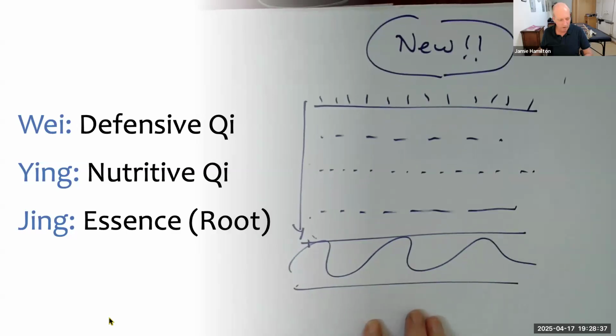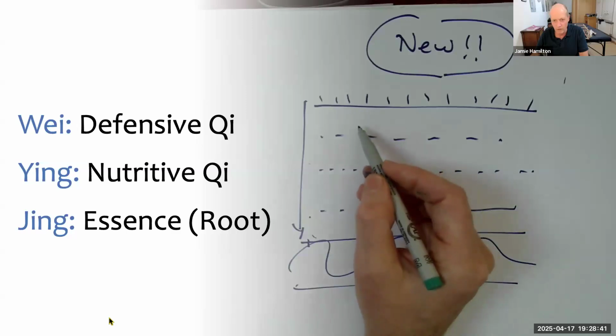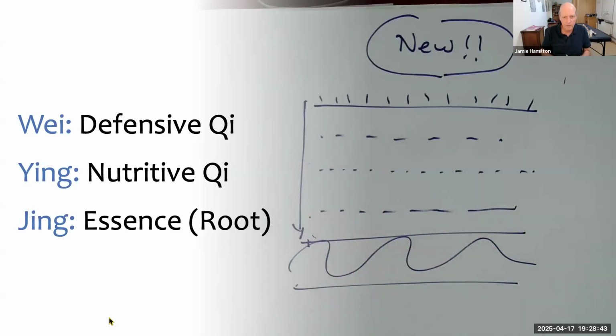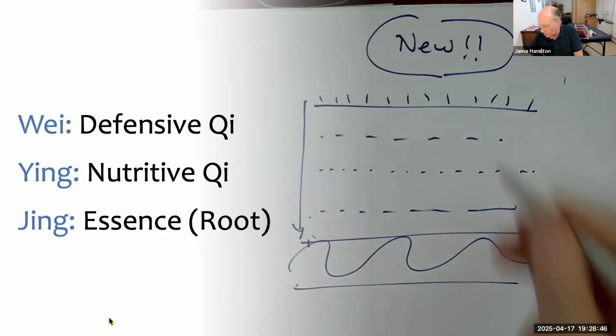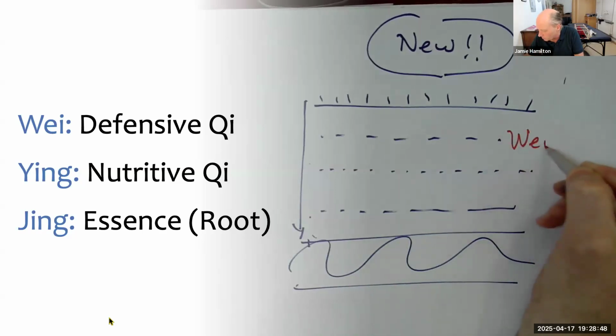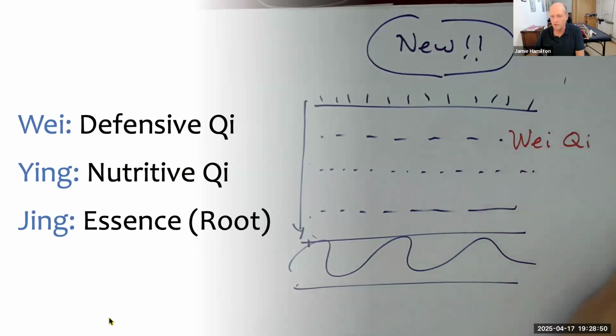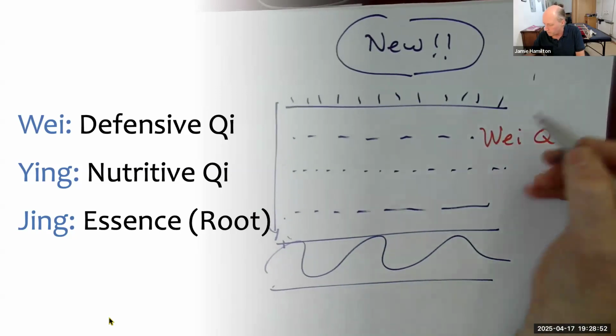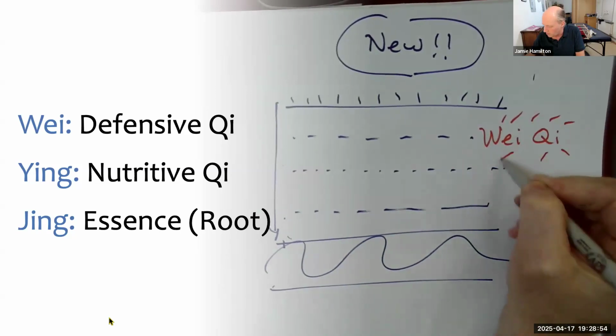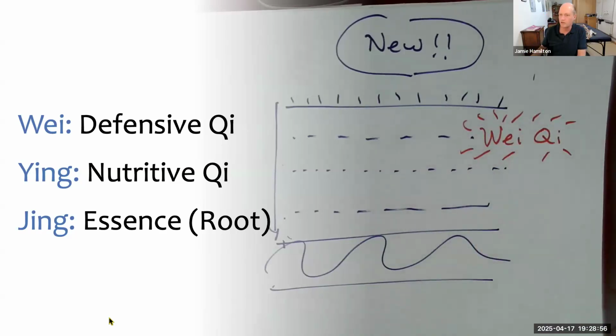And as I've written on the left-hand side of the screen, we can think of this upper layer as being with Wei Qi, our defensive Qi. And just like that phrase from the last method, they tend to be of equal grade.